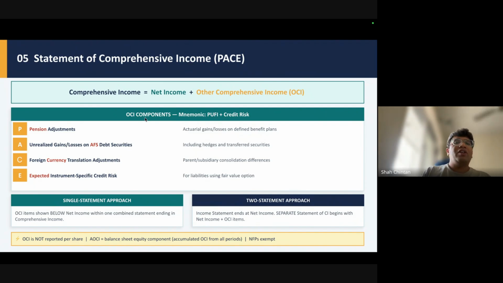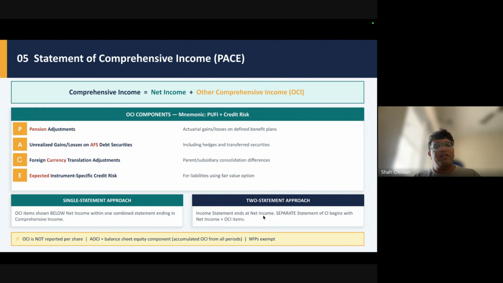नाउ आप ओसीआई को दो तरीके से दिखा सकते हो. You have a single statement approach which has your income statement plus OCI combined together. या तो आप दो स्टेटमेंट अलग अलग भी बना सकते हो. The first statement will be your income statement, which will end at net income, and the second statement will be the statement of OCI, which will start at net income.